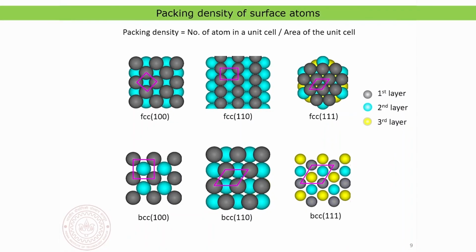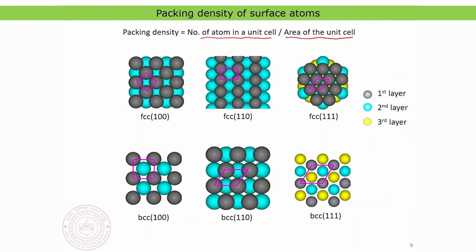So one more thing to familiarize ourselves with at this point is something known as the packing density. The packing density is a measure of the surface roughness, or of the number of atoms present in a unit area, for example. The packing density of a surface is defined as the number of atoms in a unit cell divided by the area of the unit cell.